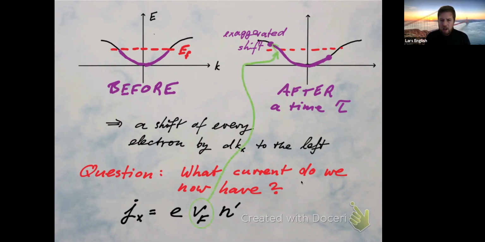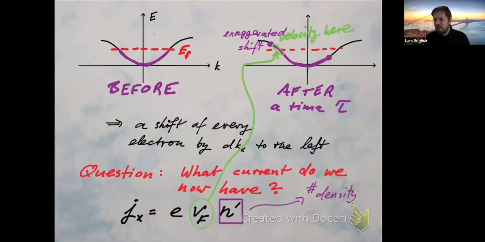So v sub F really refers to the velocity of these electrons here, the excess, the imbalance of those electrons, which is what I'm highlighting. So the velocity here, and then this n prime is just the number density of electrons also at the Fermi energy. So I guess I could have called it n sub F here as well.